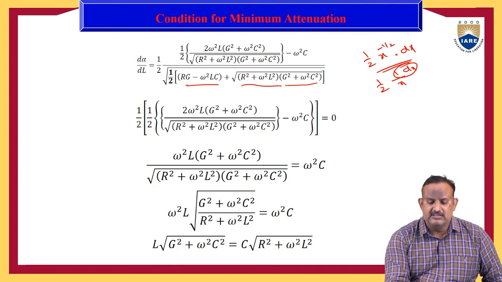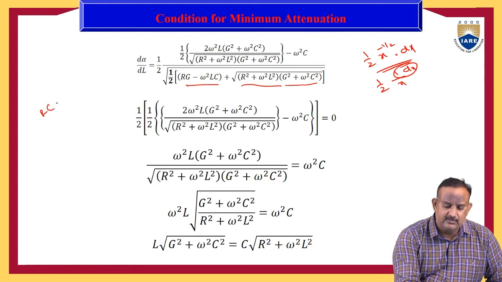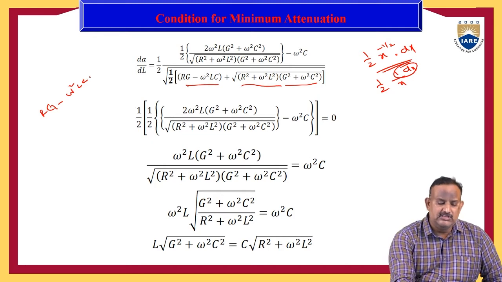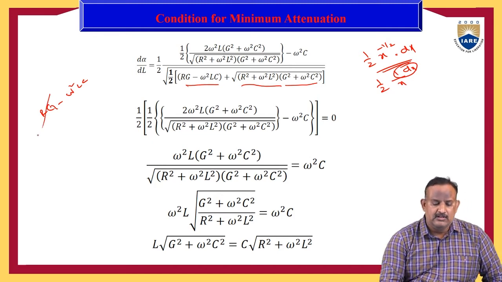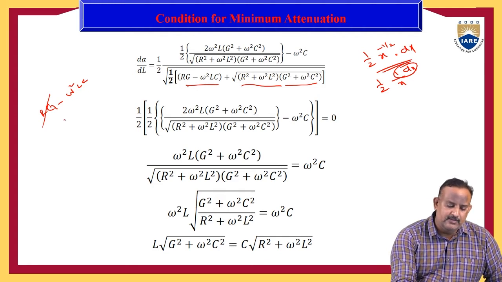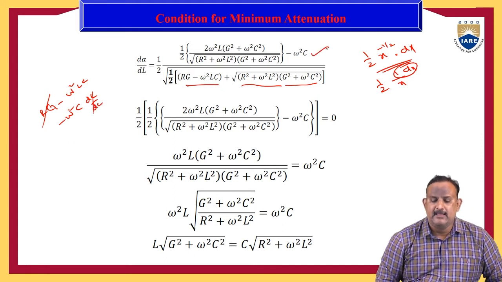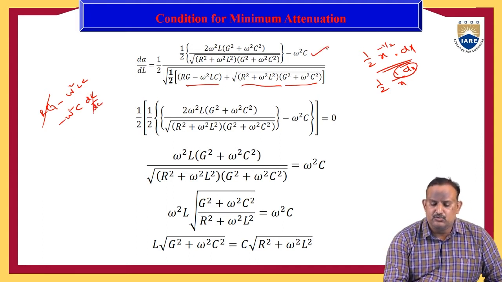The differentiation of the first part, Rg minus omega square Lc: Rg is constant, so 0, and we differentiate minus omega square Lc, which gives minus omega square C into dL by dL. Therefore we have minus omega square C, and again here we have root x.